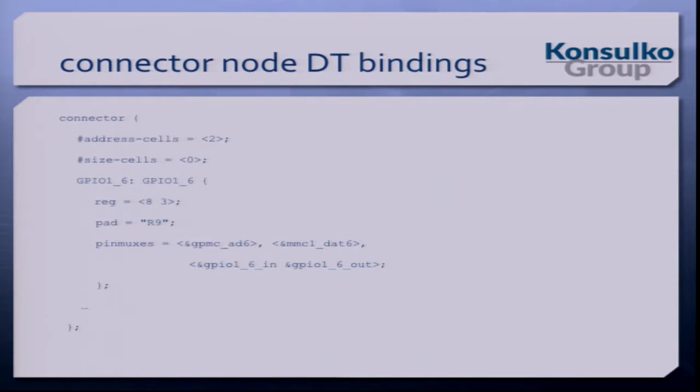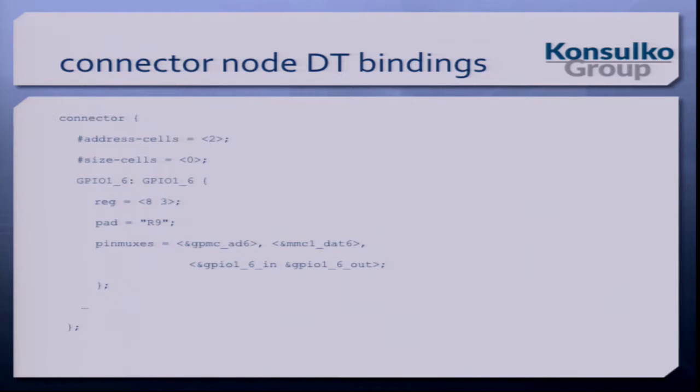In the connector device tree bindings, you have the standard way of addressing the pins. You declare the number of address cells. The BeagleBone has 2 connectors named P8 and P9. So the first address cell is 8, which means connector P8, and the pin number is 3.